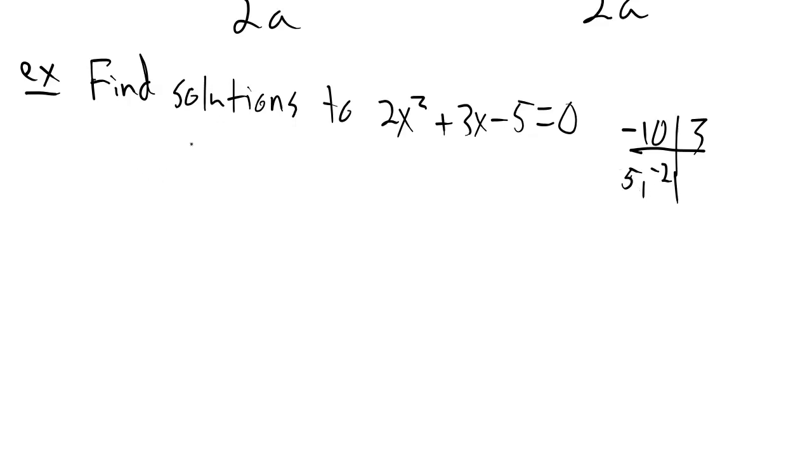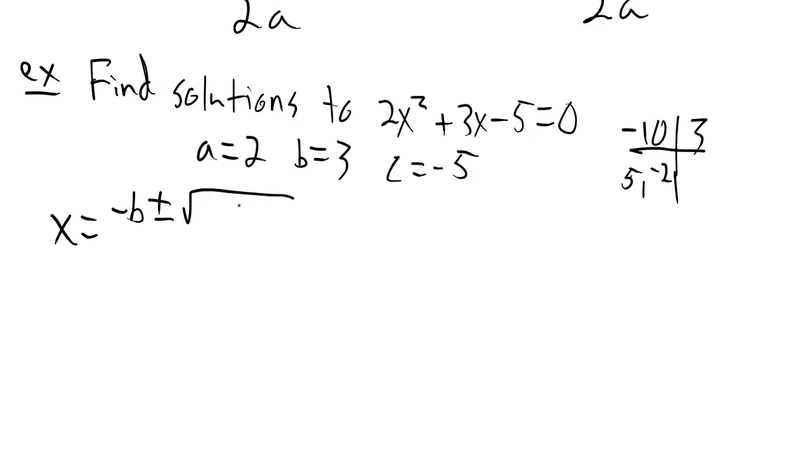Let's go through this with the quadratic equation though. What is a? Well, a is 2, b is 3, and c is negative 5. So we have our quadratic equation. X is equal to negative b plus or minus the square root of b squared minus 4ac all over 2a.